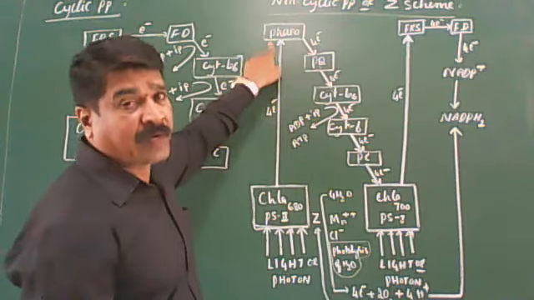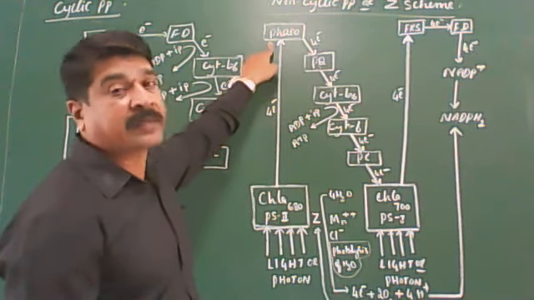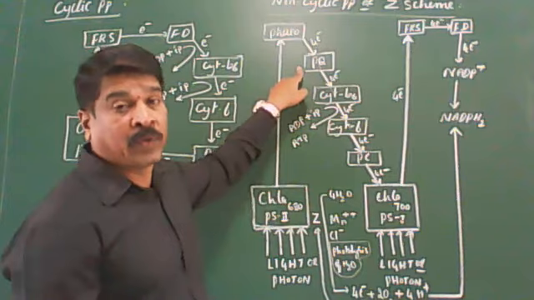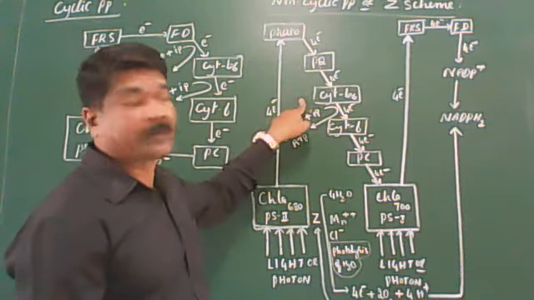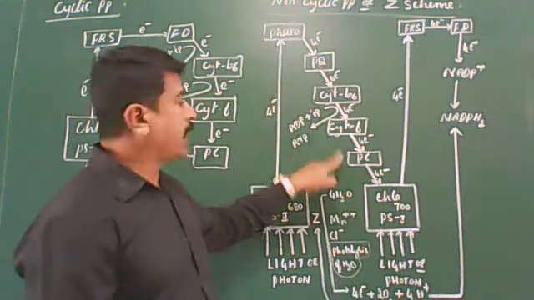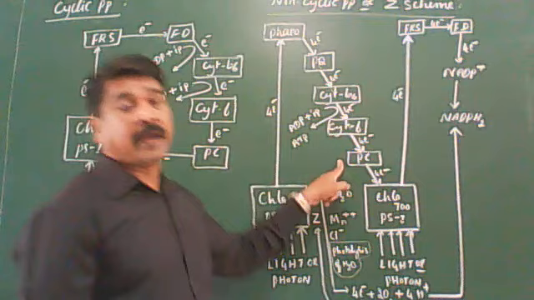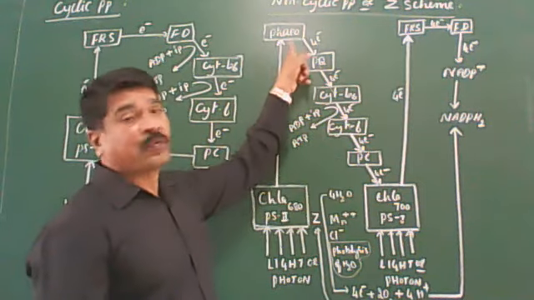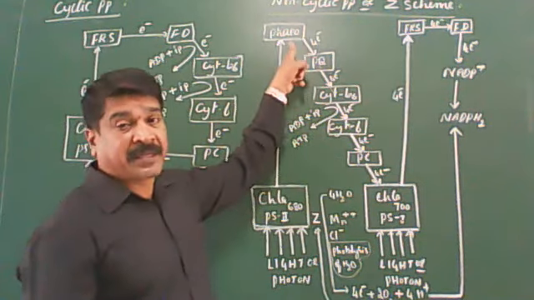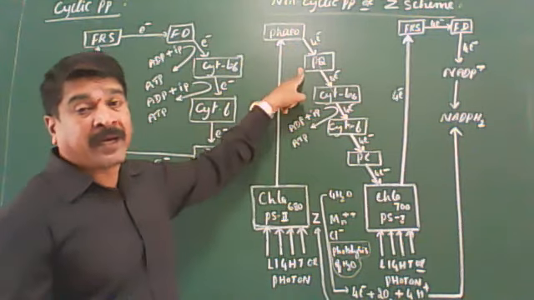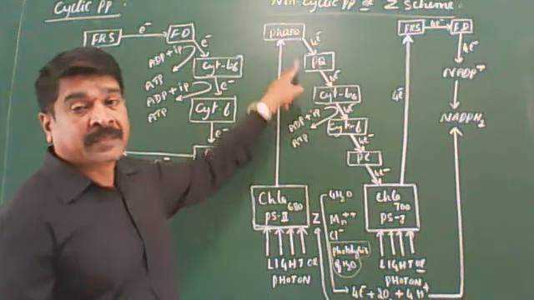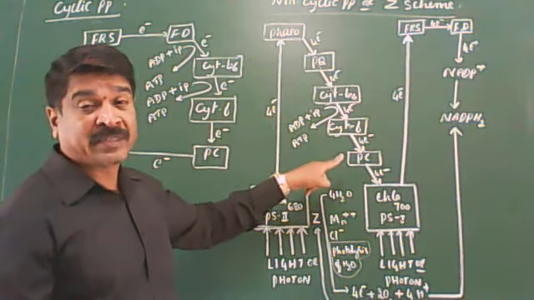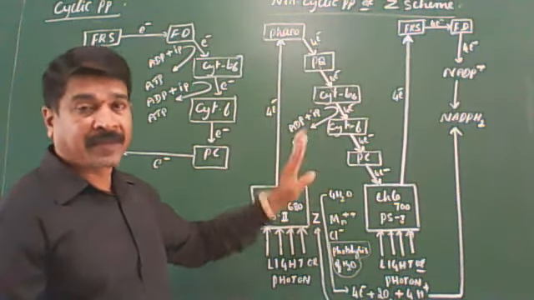From the pheophytin, electrons transfer through a series of cofactors like plastoquinone, cytochrome B6, cytochrome F, and plastocyanin. I think it is very clear.